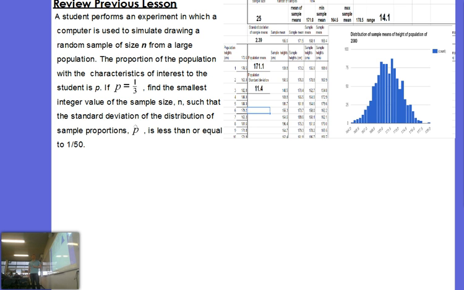P. Now if P is a third, that's the population proportion, find the smallest integer sample size. So the sample size is unknown. n is unknown, and that's what we need to solve for. Determine n such that the standard deviation of the distribution of the sample proportions p hat is less than or equal to 1/50th.